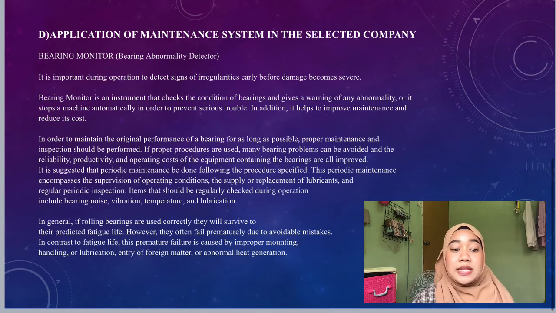In order to maintain the original performance of a bearing as long as possible, proper maintenance and inspection should be performed. In general, if rolling bearings are used correctly, they will survive to their predicted fatigue life.